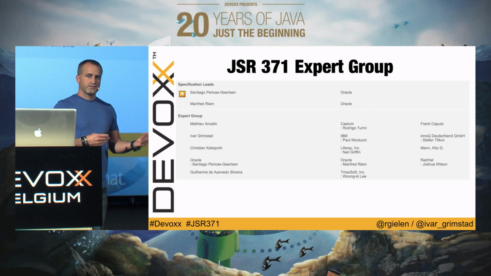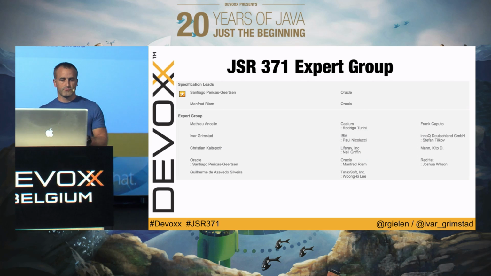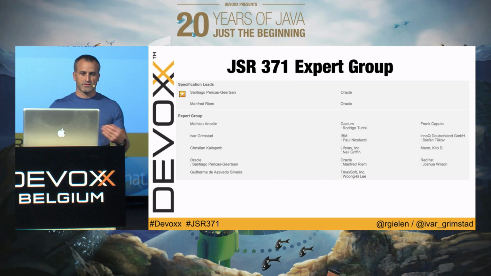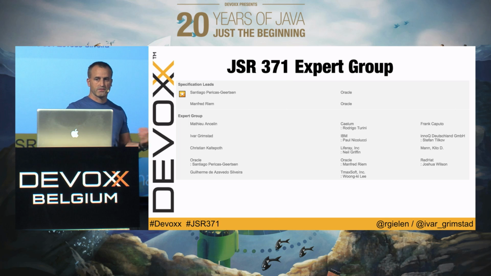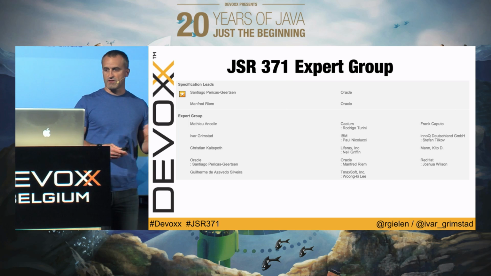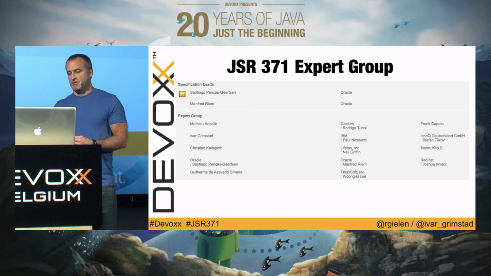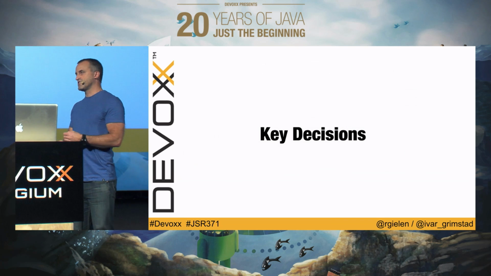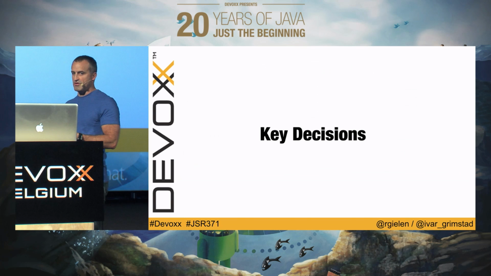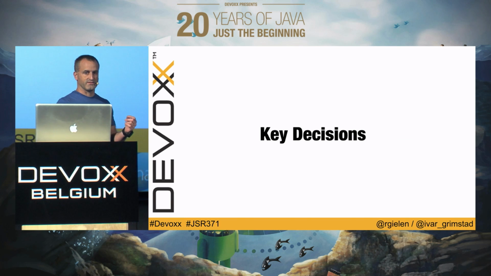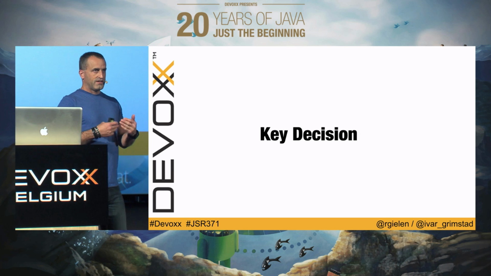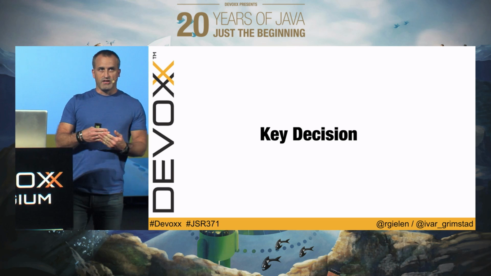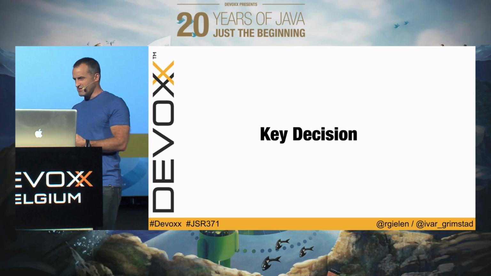The expert group for JSR 371 is pretty diverse. It represents many of the large players in the business, and there are also a couple of individual members, me included. If we look at the key decisions we've made in this expert group, or maybe I should say key decision: there was a long discussion, I think about a year ago.